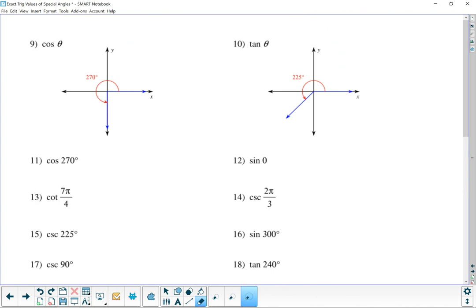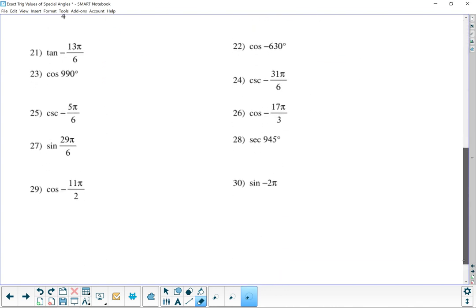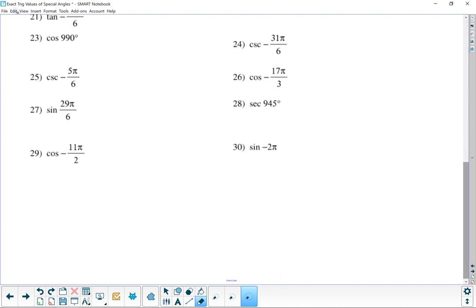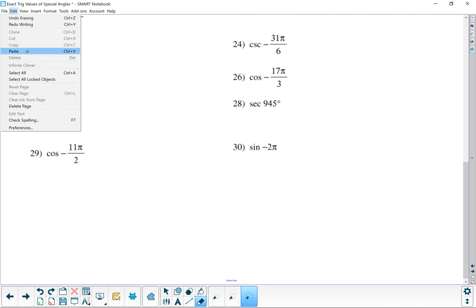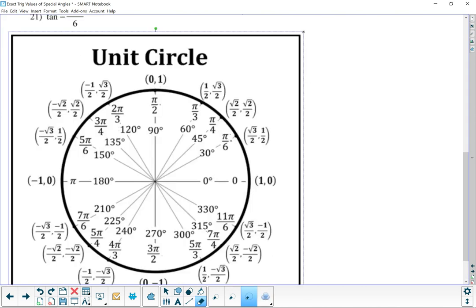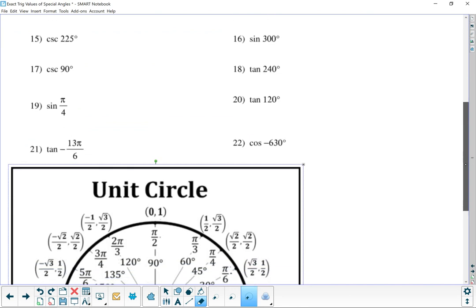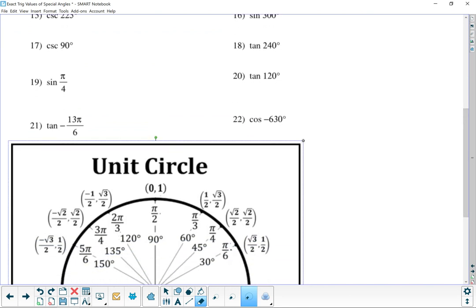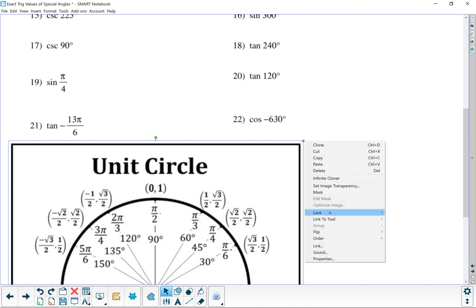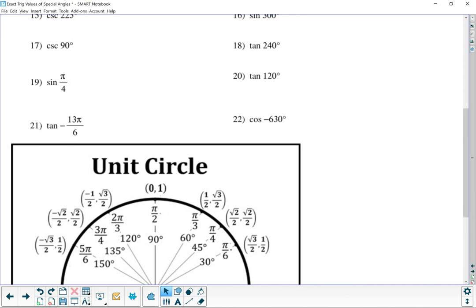Number 9, cosine of 270 degrees. So going back to the unit circle. Actually, let me just paste that one on. Edit, paste. There we go. Then I'm going to lock it in place. Come on. Lock it in place.